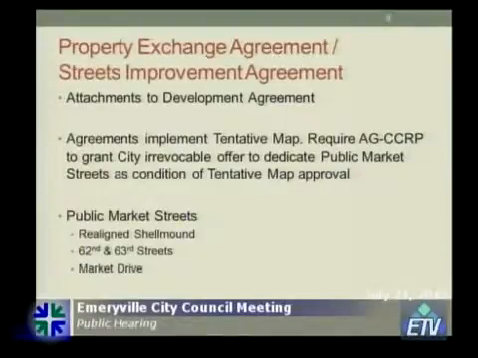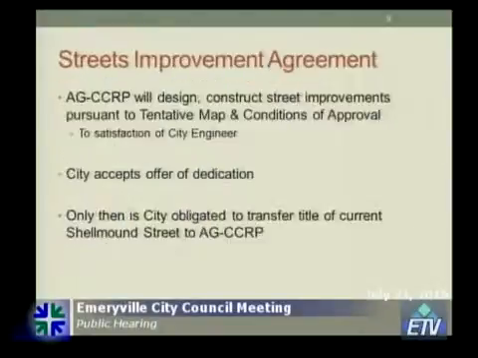Those agreements would require City Center to grant the city an irrevocable offer to dedicate the public market streets as a condition of the tentative map approval, and those public market streets would be the realigned Shellmound, 62nd and 63rd streets, and Market Drive.